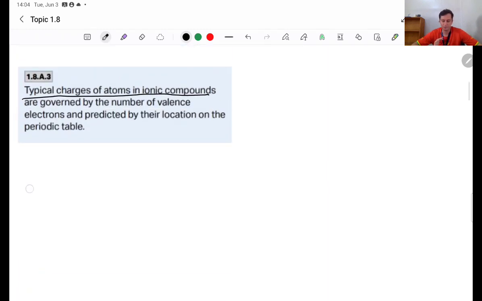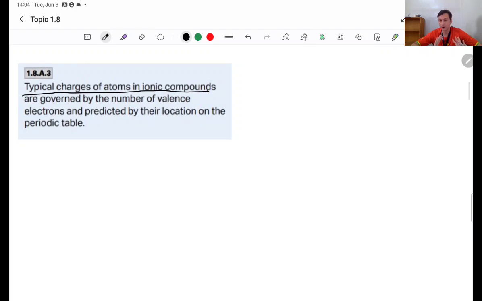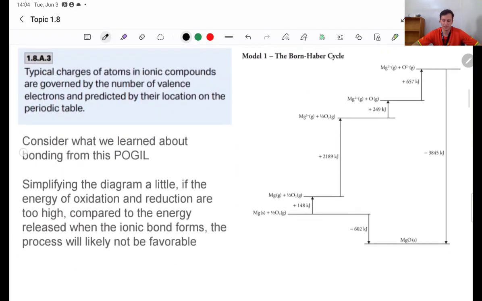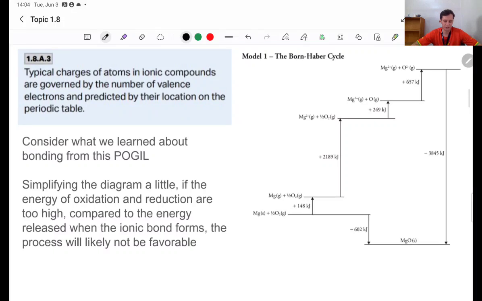Okay. Now, again, we've already talked about this, you've already read about it, but this is just another way to look at it to explain some of the problems you might see in AP Chem. So consider what we learned about bonding from this POGIL, and if you haven't gone over this POGIL yet, we will very soon. It's a part of Unit 1.